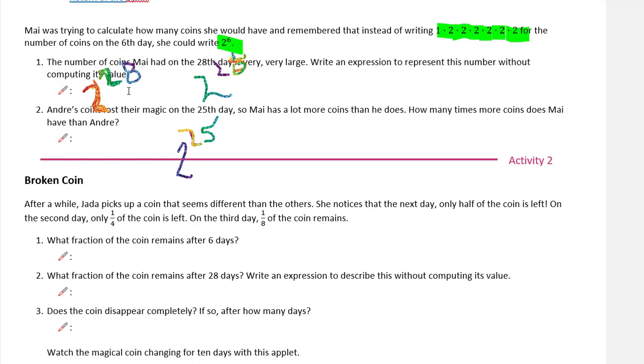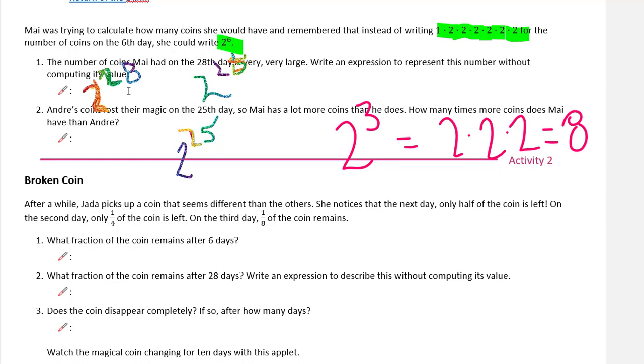If May has 2 to the 28th coins, but Andre has 2 to the 25th, May has 2 to the third times more, and we evaluated that in our warm-up as 2 times 2 times 2, which is 8.